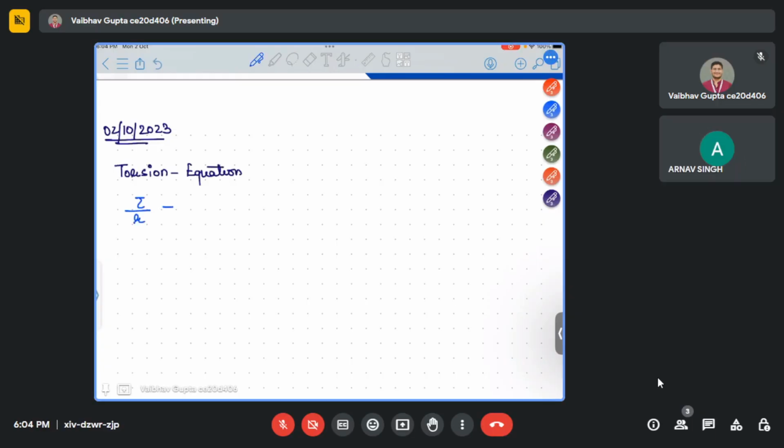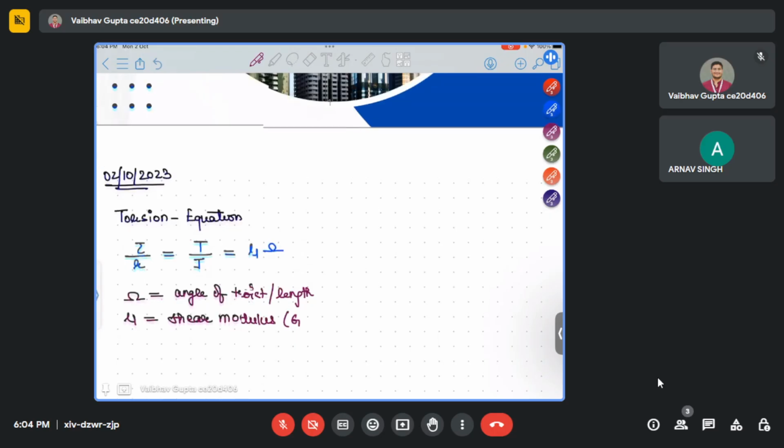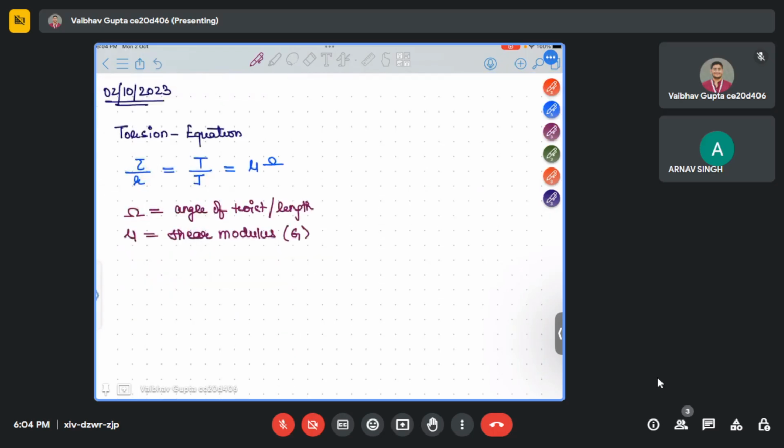The torsion equation is given by tau upon r is equal to T by J, which is equal to mu into omega. Where omega is the angle of twist per unit length. Mu is the shear modulus, which we also call G. T is known as torque.